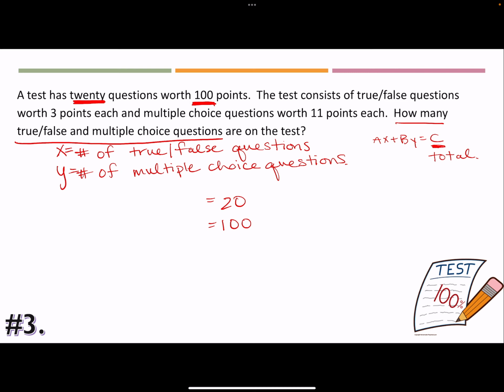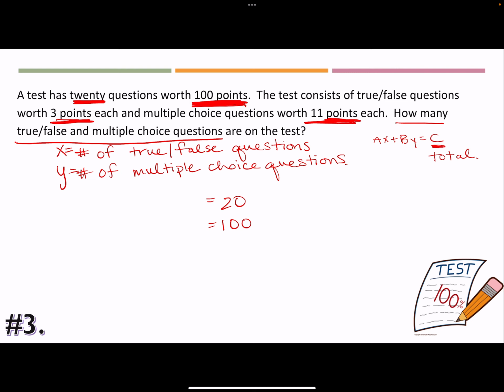All right, if I go back and skim through the other numerical values that they give me, they tell me that the true-false questions are 3 points each, and the multiple choice questions are 11 points each. So this is all about points. Those two values are going to go in the equation that's about the points.